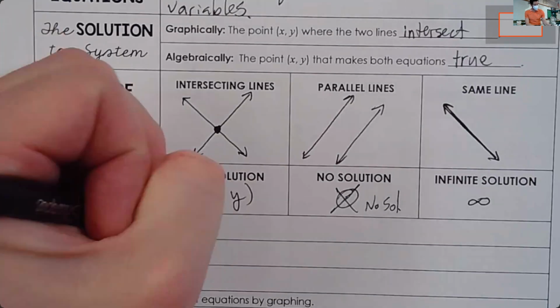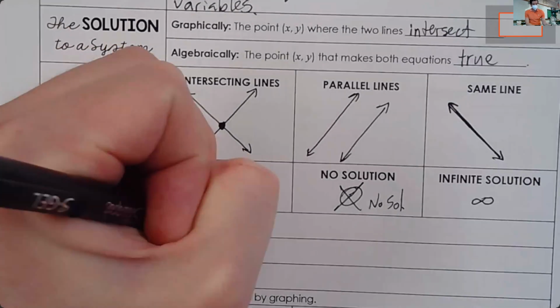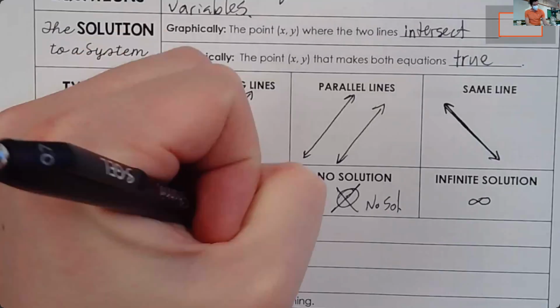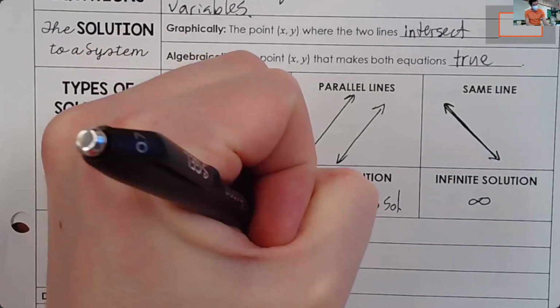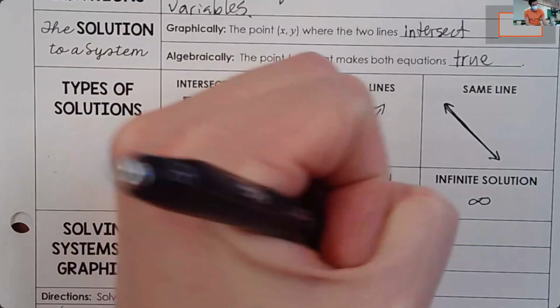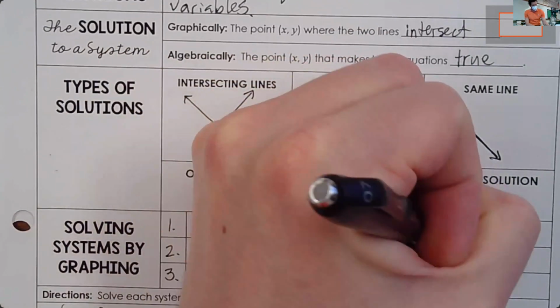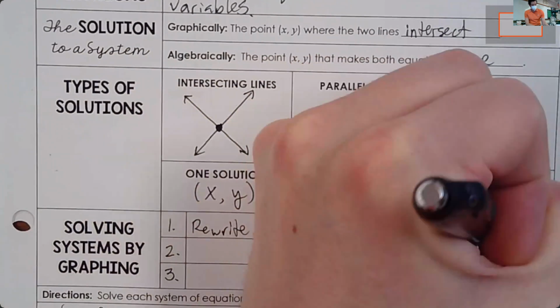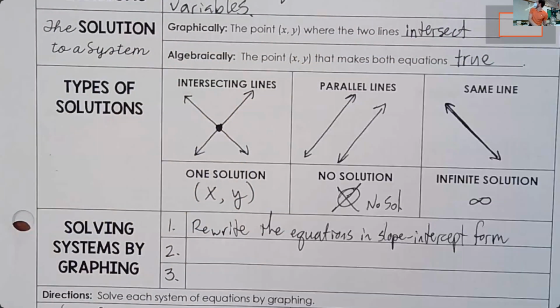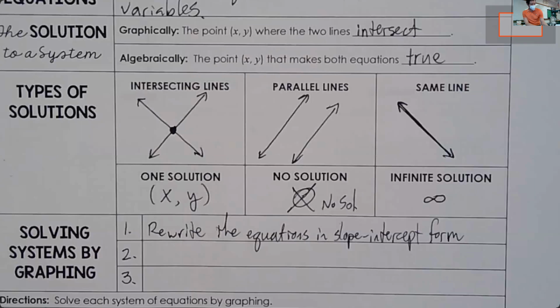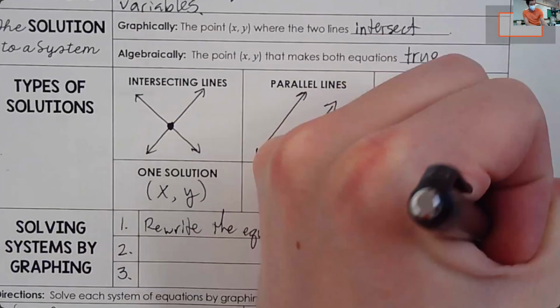So rewrite the equations in slope-intercept form. And just as a reminder, slope-intercept form, that is y equals mx plus b.